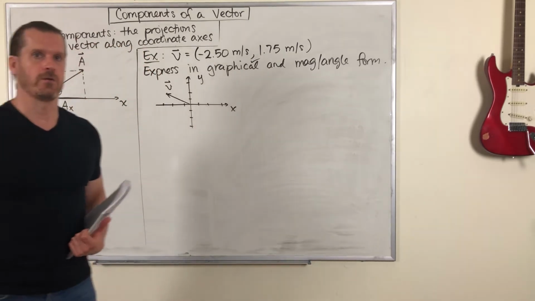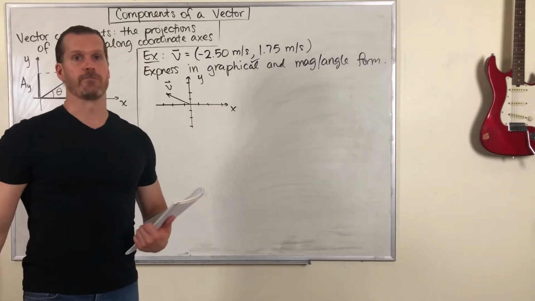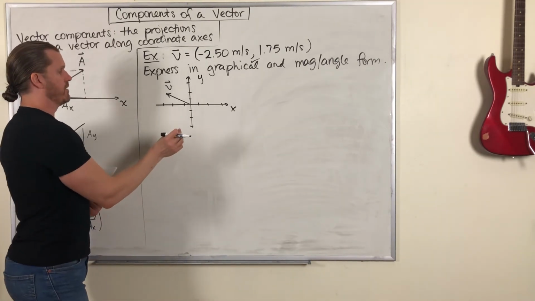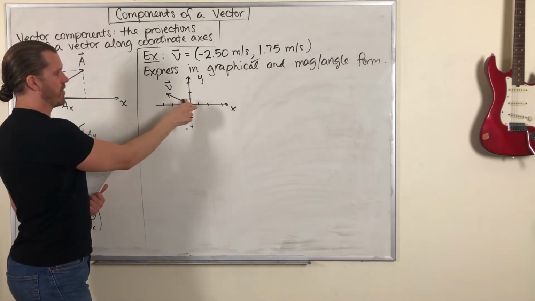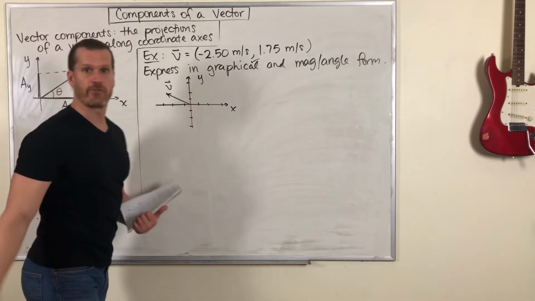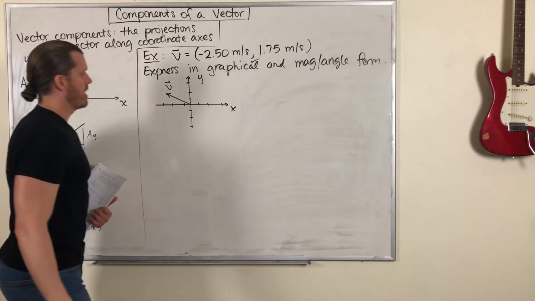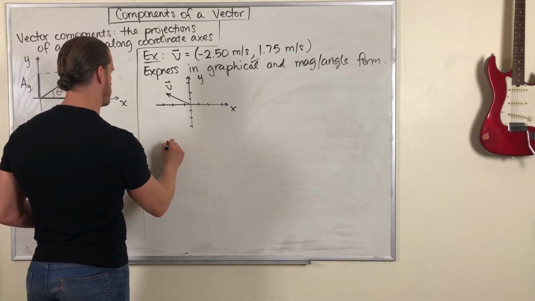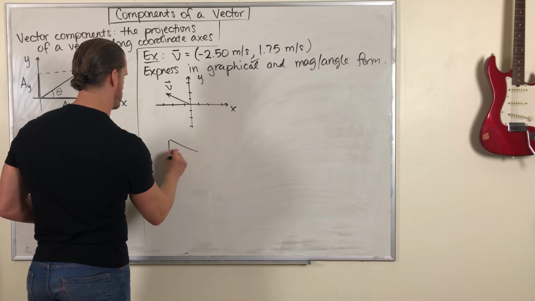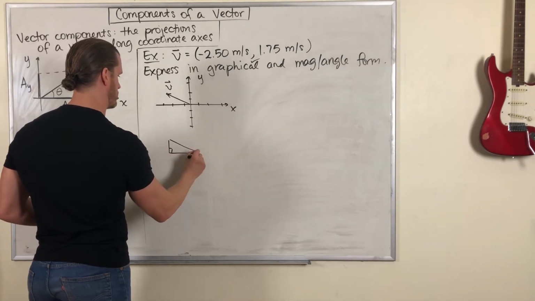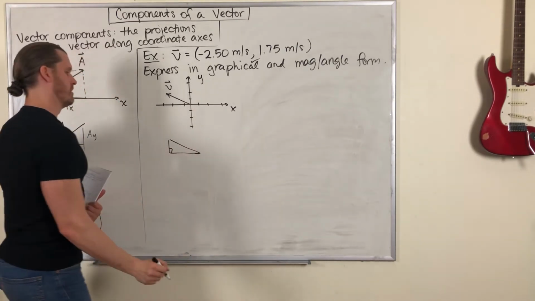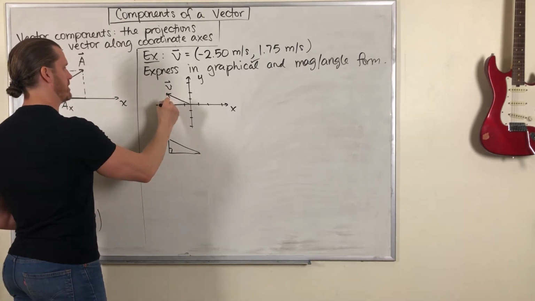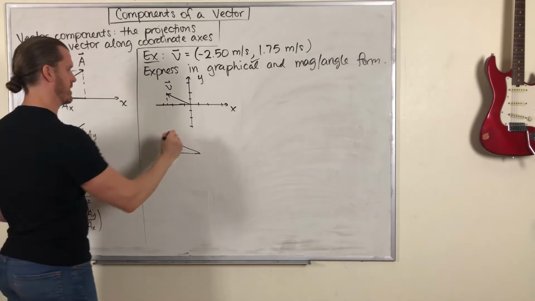Now, magnitude angle form. When you're dealing with vectors that aren't in the first quadrant, I think it's helpful to just picture them as a right triangle, just by itself. So here's our right triangle.